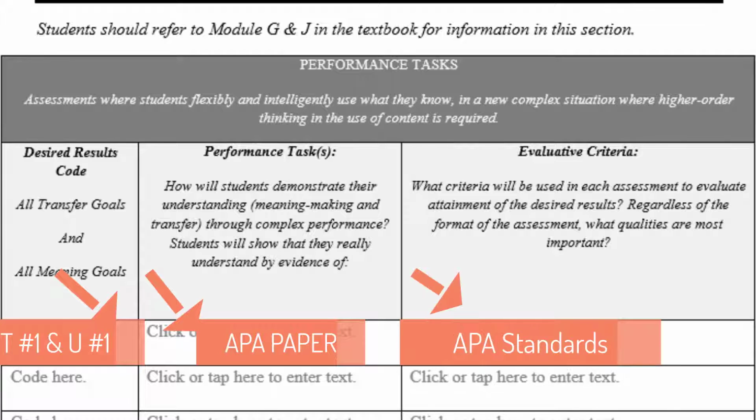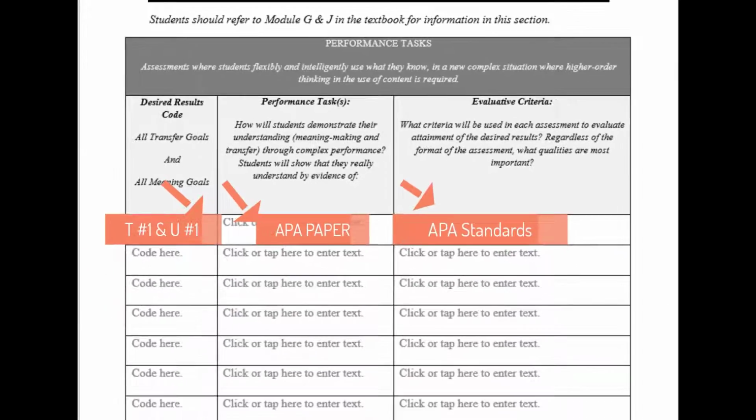So we would not be putting in things like italicization for journal titles in the APA references. That's much too specific. Instead, under evaluative criteria, maybe we have something about meeting APA standards.